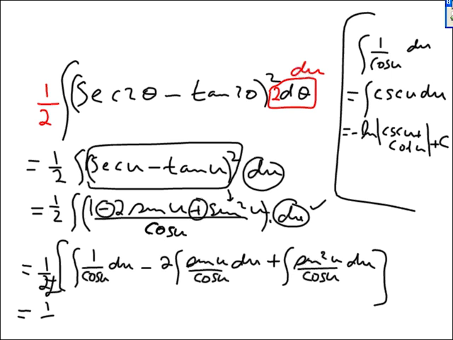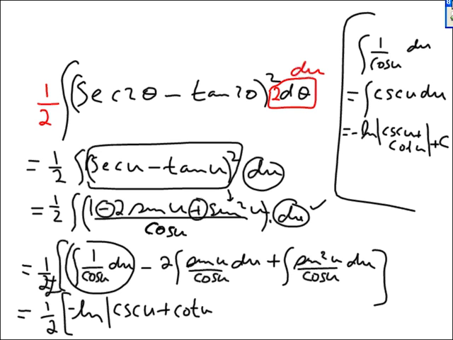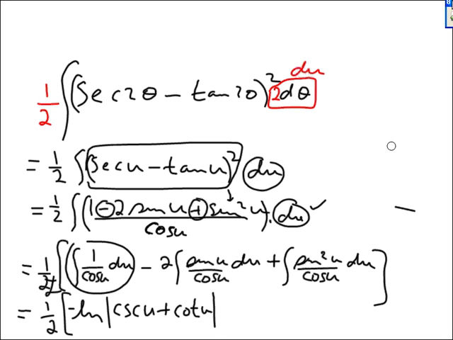So 1/2, this first integral is ln of the absolute value of secant u plus tangent u plus some constant. Okay, so we did the first integral, and I'm going to erase the work. And now we're going to look at the second integral.